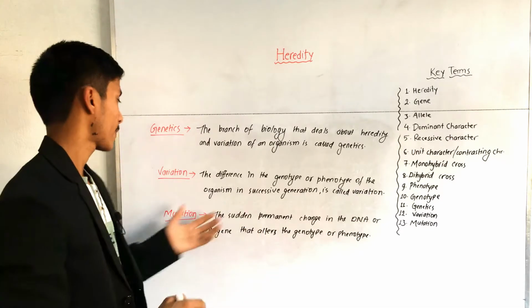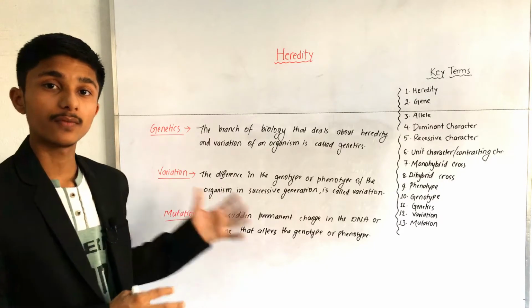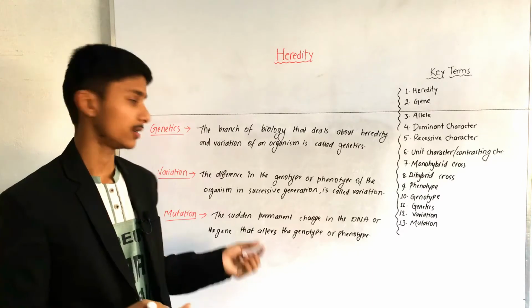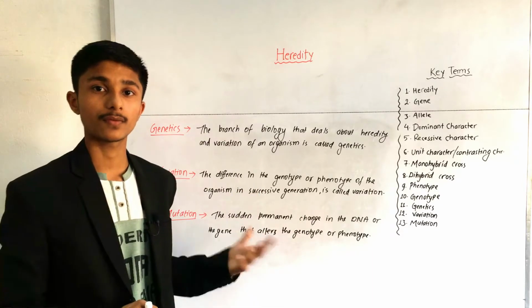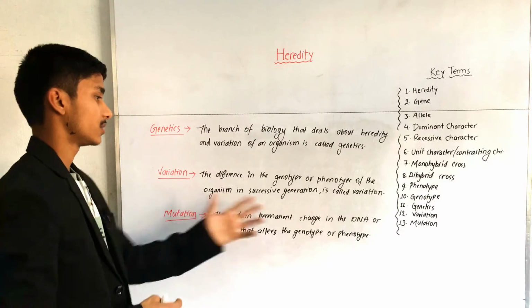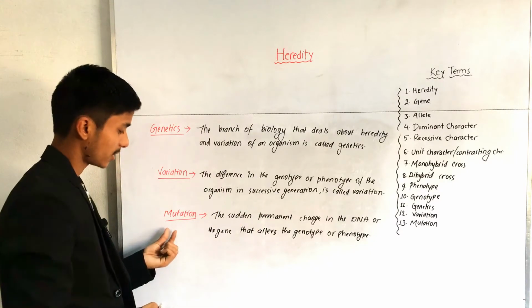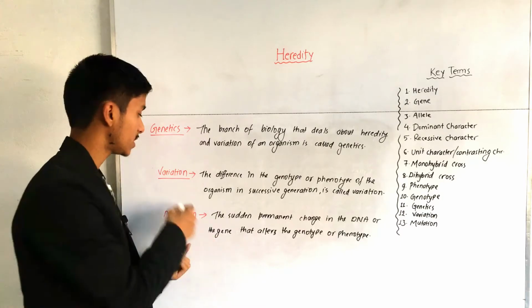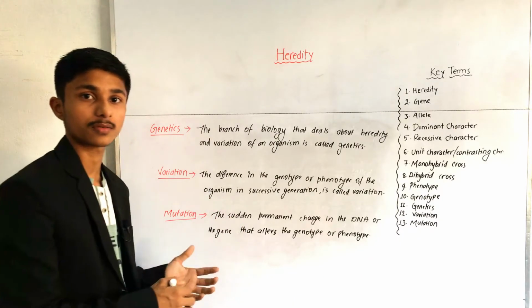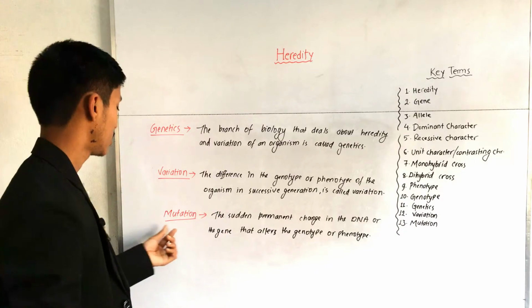That is called variation. It means a change or difference in genotype or phenotype of an organism, and it takes place in each successive generation.